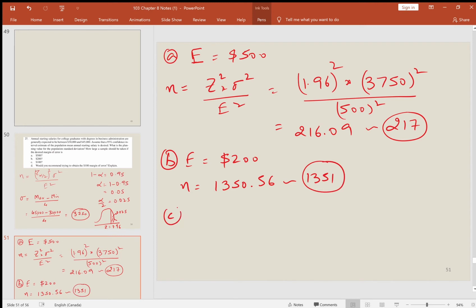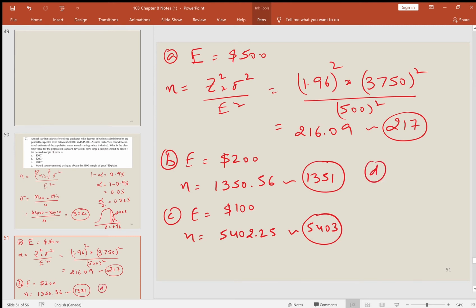And then in part C, where the desired margin of error is even lower at $100, you should get a sample size n equal to 5402.25, or 5403.